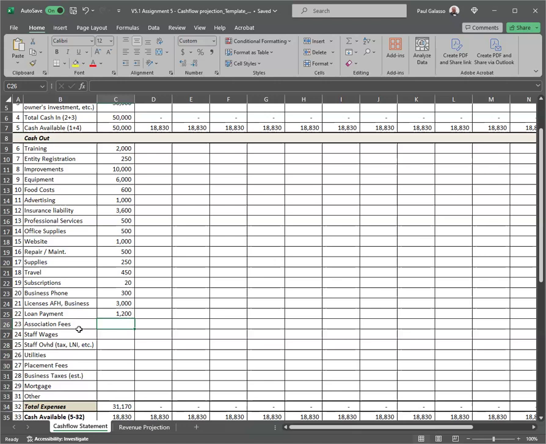Now we get to the association fee. This fee would be your association fee to the Adult Family Home Council. The Adult Family Home Council charges $50 a month, and it's well worth becoming a member, especially before you open your adult family home, because there's going to be a lot of questions that you're going to need to ask.